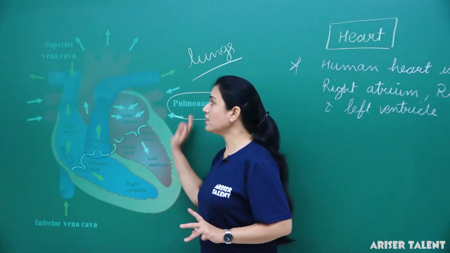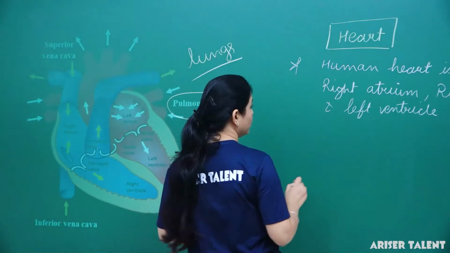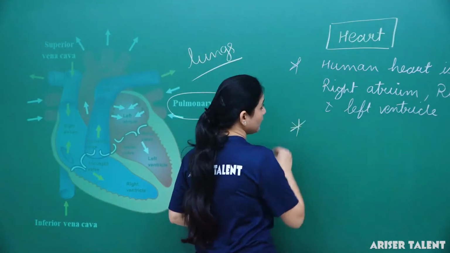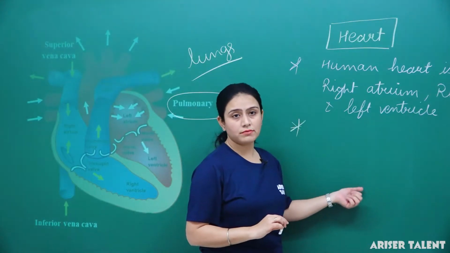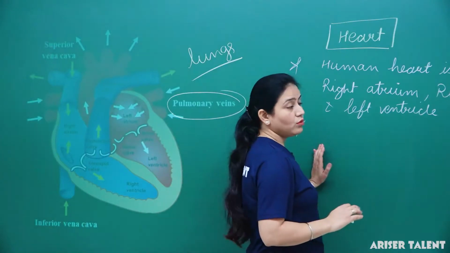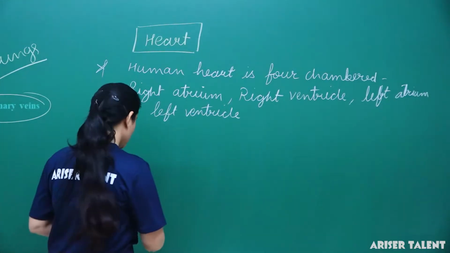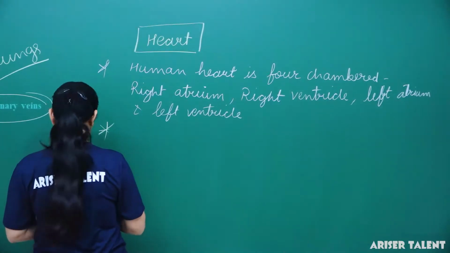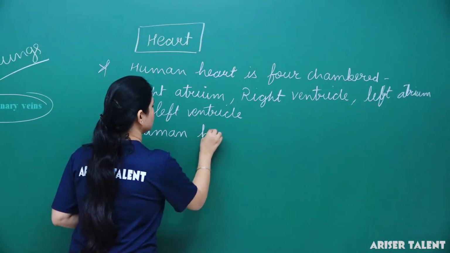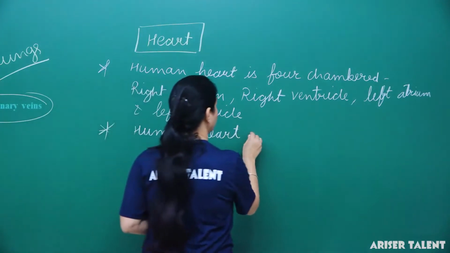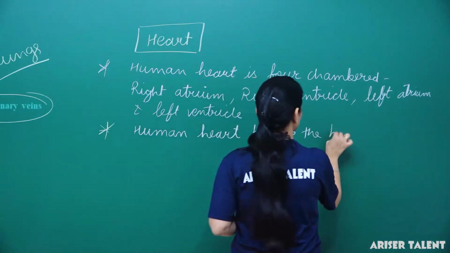Okay, so this is the complete functioning of the heart. Now I am going to give you the notes. As I told you, the human heart has 4 chambers. We know that our human heart pumps the blood. So let me mention, human heart pumps the blood.